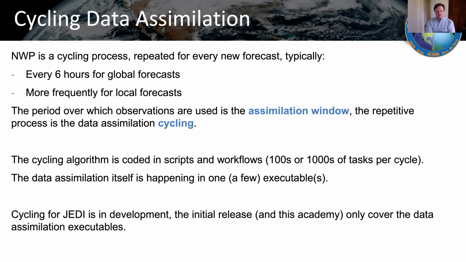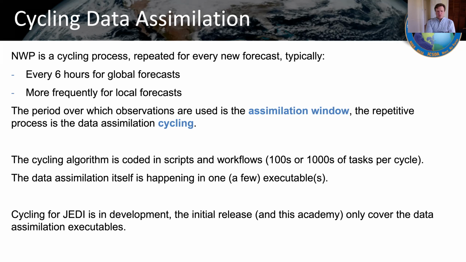So this academy really only covers the data assimilation algorithm itself, and that's why things like how to generate an ensemble is not really covered in what we are showing you this week, because it's more at the script level how you would have an ensemble system, an ensemble data simulation running that generates an ensemble forecast that's then used as a background to compute your flow-dependent B matrix.